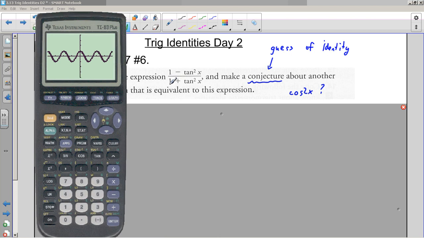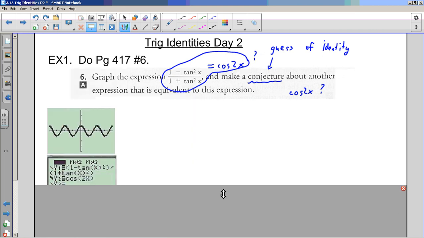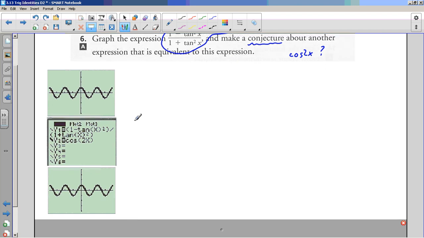Is this a proof that this expression is equal to this expression? No, it could just look like it. So even though the graphing calculator made us think that maybe, just maybe, that is an identity. Is this an identity? Maybe it is, right?